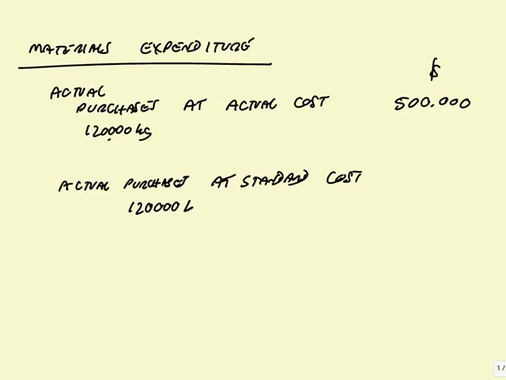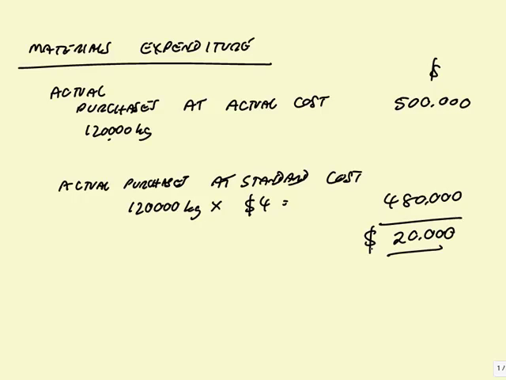Well, the 120,000 kilos we bought, we should have paid from the cost card $4 a kilo. We should have paid $480,000. We paid $500,000. We've overpaid by $20,000.